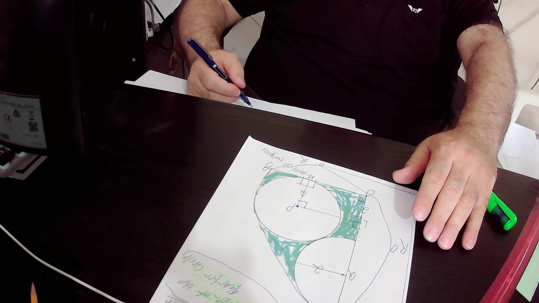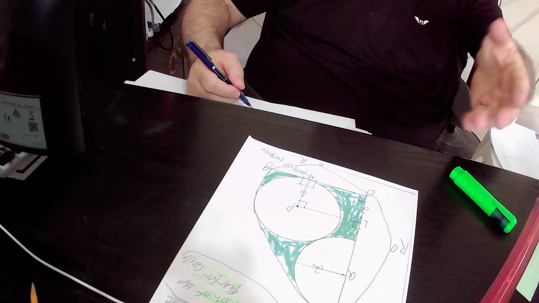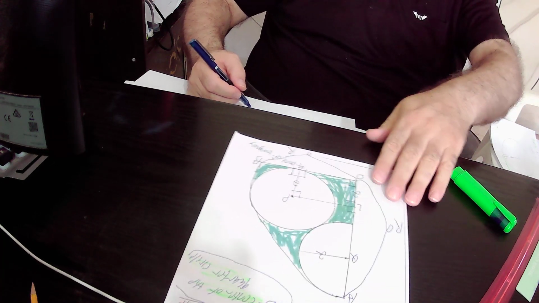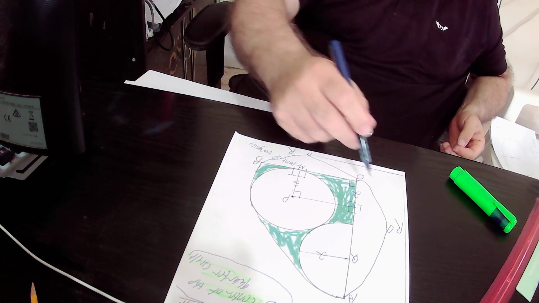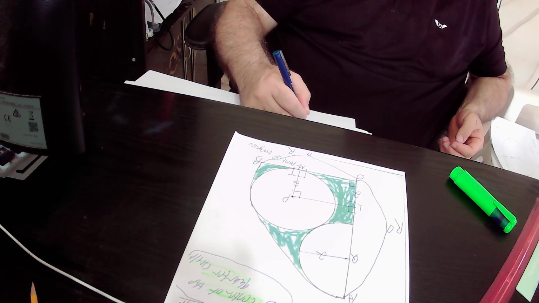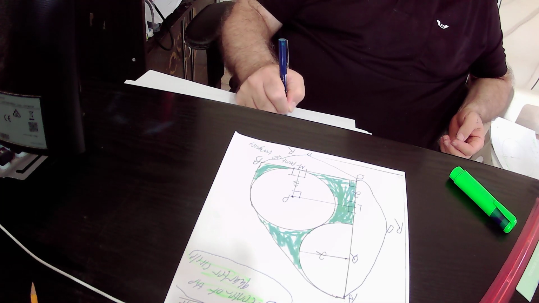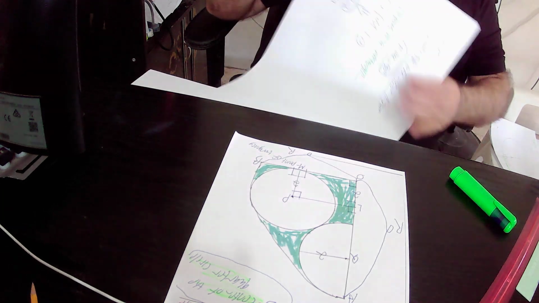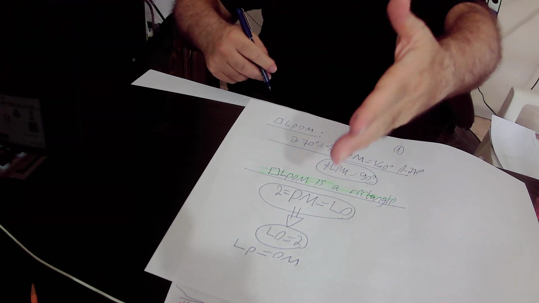Likewise, according to the same rule that the opposite sides of a rectangle are equal to each other, we will get that side LP must be equal to side OM. LP equals OM according to the same rule.